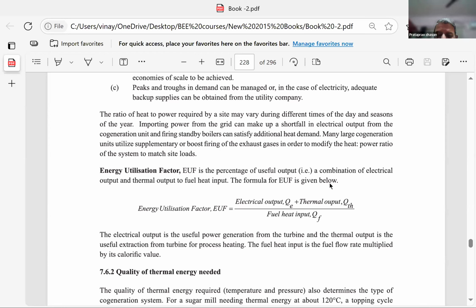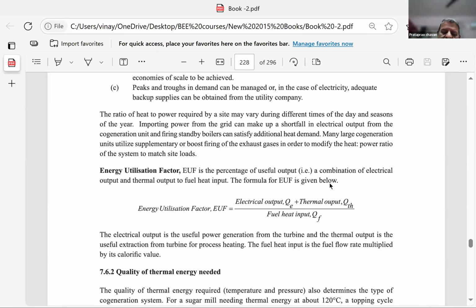When you take this ratio and you find it is much below, only 50% or 55%, then an energy auditor starts checking back where the losses are occurring, why the energy efficiency is low, why the utilization factor is low. If it is 80% and above, wonderful.